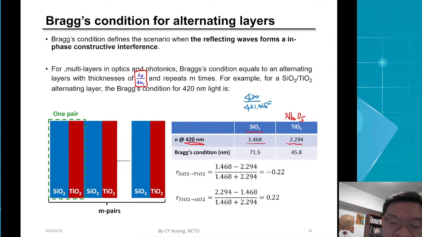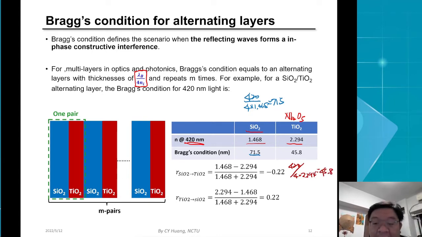The answer is around 71.5 nanometers. And for the TiO2, the Bragg condition is 420 divided by 4 times 2.294, and it yields about 45.8 nanometers.